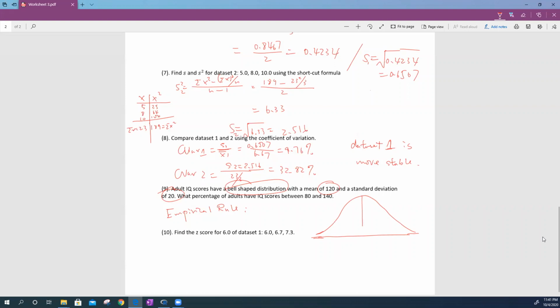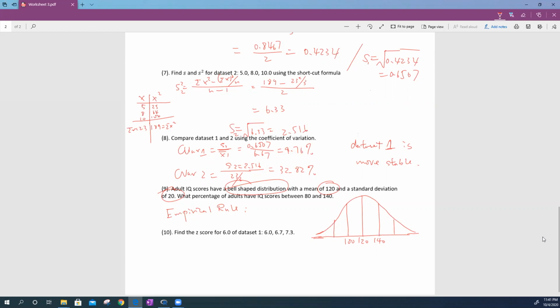Then let's see, the mean is right in the middle, 120. And then we want to look at one standard deviation away. Since the standard deviation is 20, one standard deviation away gives us 100 to 140. So minus 20, plus 20, right? And then 2 standard deviations, go one more.